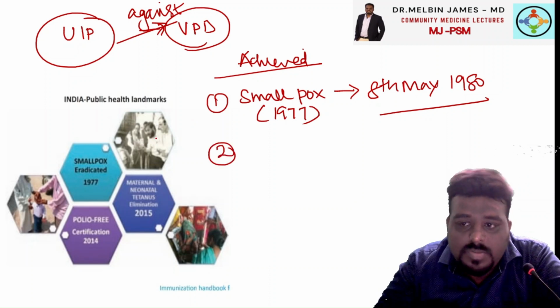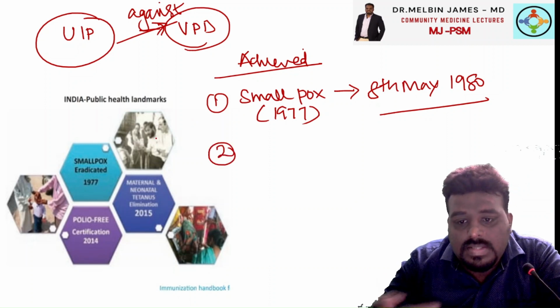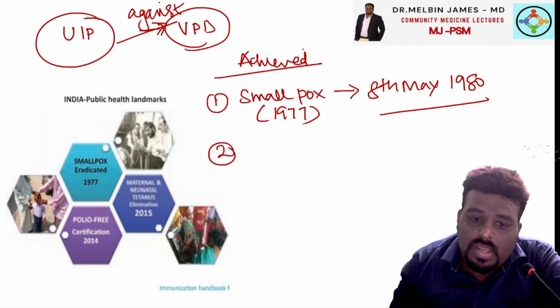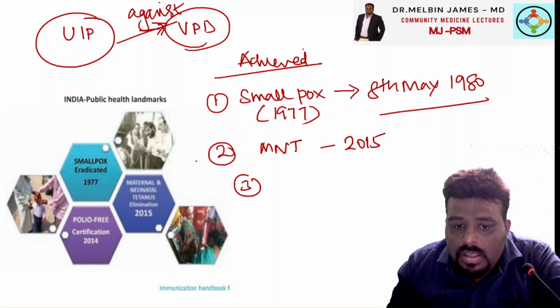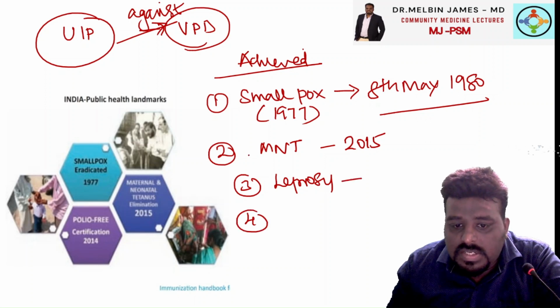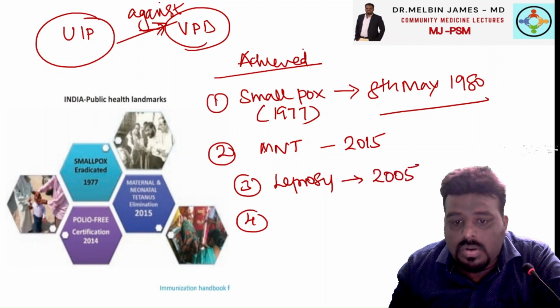There is no pathogen of smallpox left. Due to vaccines we have eliminated some other diseases, like maternal and neonatal tetanus in the year 2015. Leprosy, we don't have any effective vaccine, but still it is in the eliminated stage, in the year 2005. And like polio, very important.